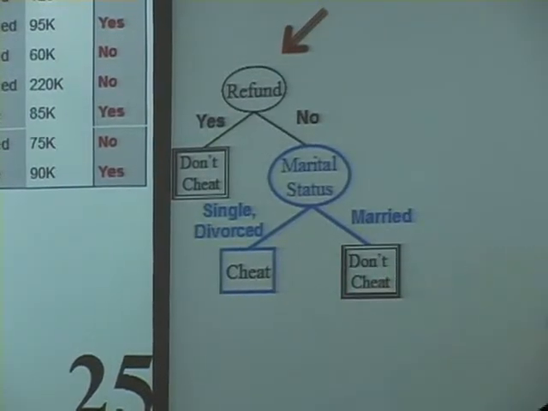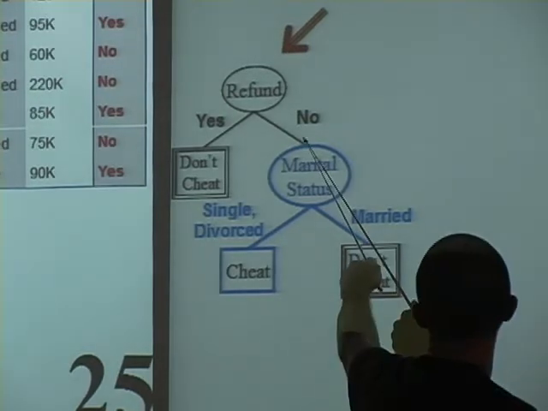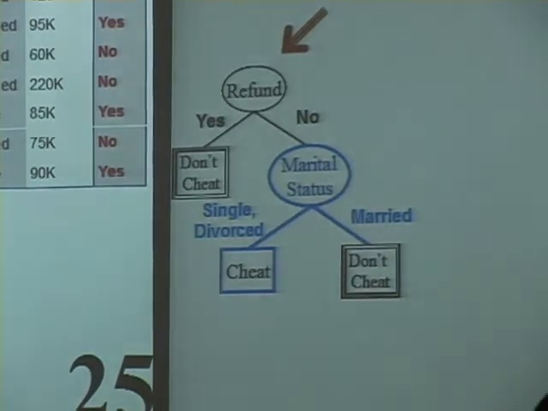Now the married people, who's left here? 2 is married, he didn't cheat. 3 is single. 5 is not, 8 is not married, and 9 is married, he didn't cheat. So it looks like everyone who says no refund and is married didn't cheat, right?